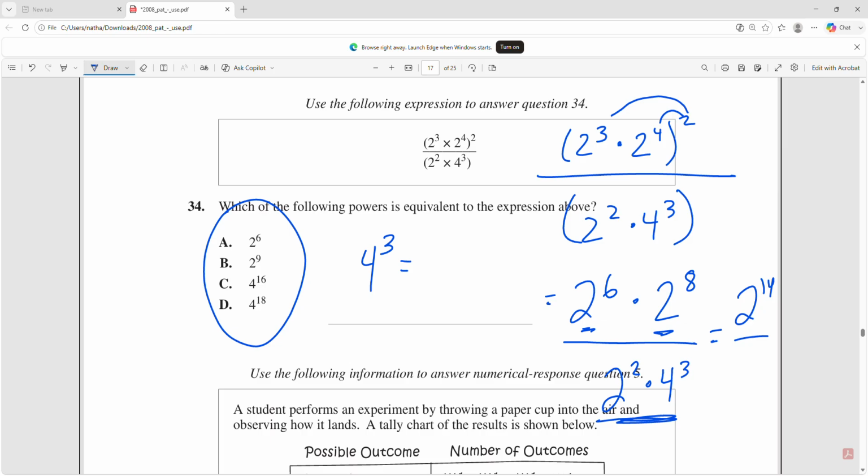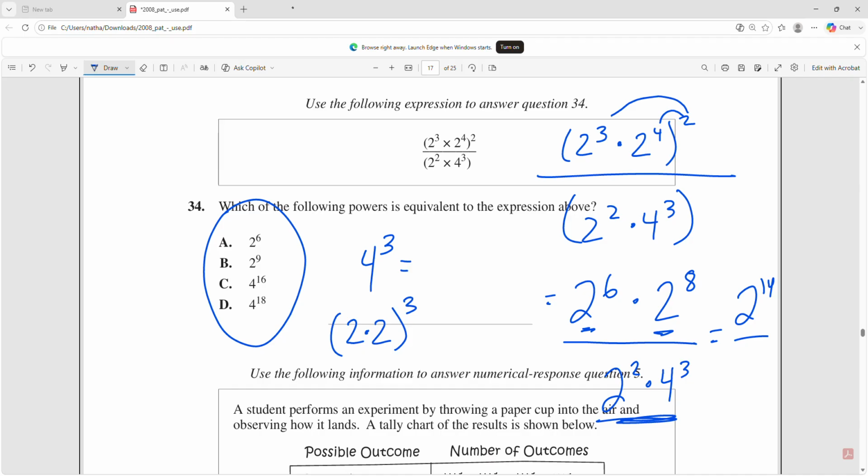What number do we have to multiply together to get 4? Right, so 4 is a perfect square. So think about if we could write 4 as 2 times 2, right? So that's 4 cubed. We write 2 times 2, cubed.